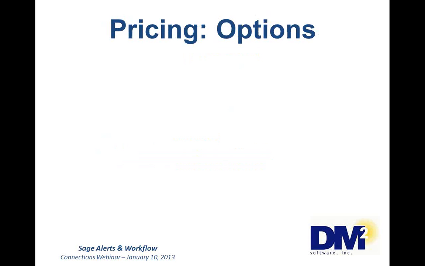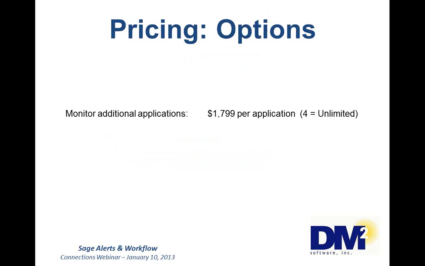Now, there are a couple of optional add-ons to that. Maybe you've got a sales or customer service application, and you also want to monitor that sales application in addition to your ERP application. Well, each additional application to be monitored is an additional $17.99.